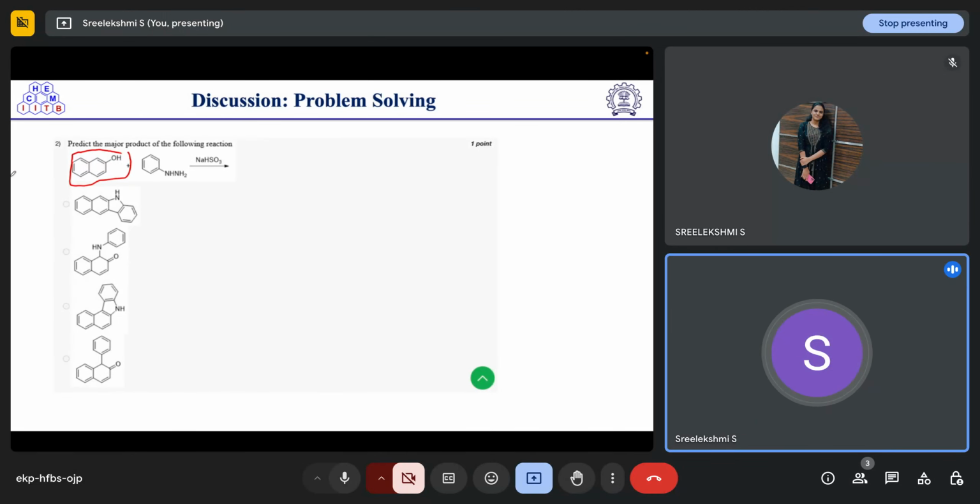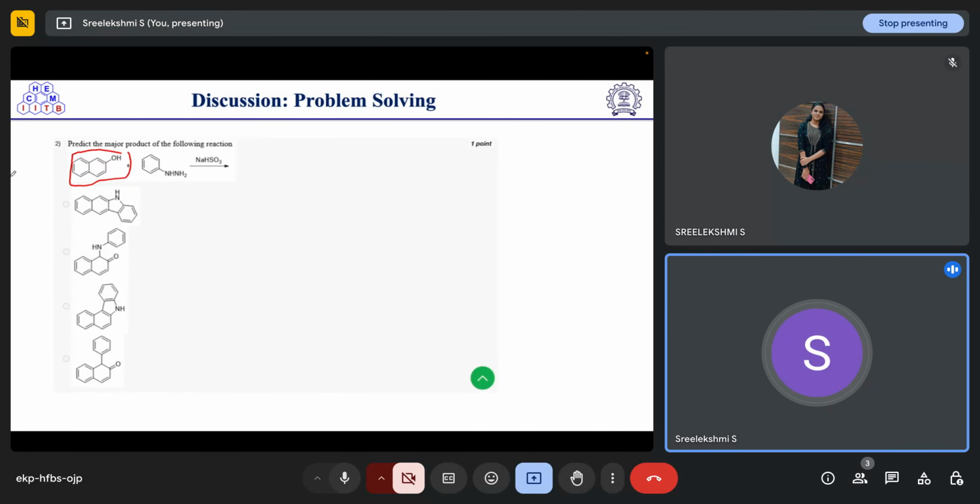That is, when this oxygen lone pair will fall over here, the carbocation will be formed at this position. Another thing is that it can also exist in this particular resonance stabilized form, and that carbocation at this center can be stabilized by the sulfite ion, that is SO3 minus, to form this particular intermediate. So this 3B is the reactive species which is formed by the reaction of this hydroxy naphthalene and this sodium bisulfite.